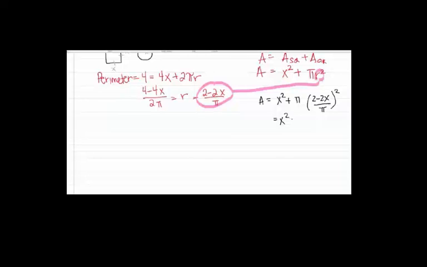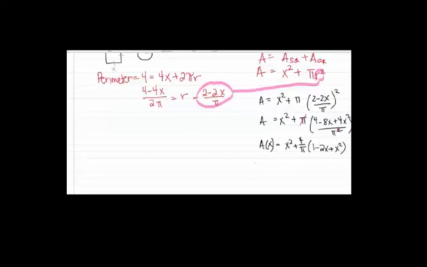So simplifying this gives me 4 minus 8x plus 4x squared all over pi squared. I can cancel out one of the pi's and leave myself with x squared plus 1 over pi times, you know what, let me take out a 4, times 1 minus 2x plus x squared. And that's the area in terms of x.